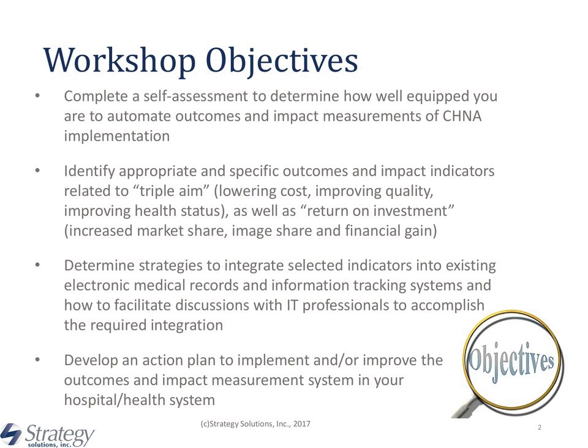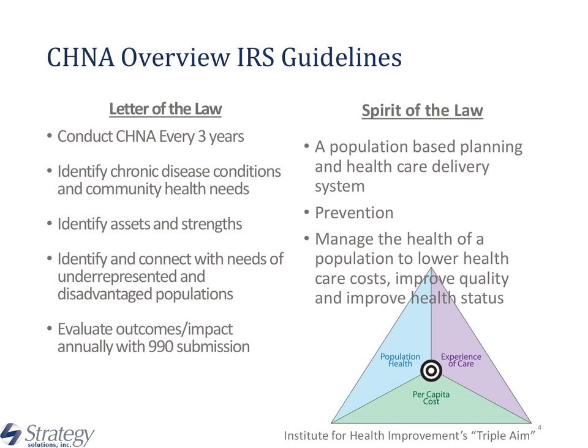And then the last few slides talk about how to develop an action plan to implement or improve the outcomes and impact measurement systems in your organization. This is one of my favorite presentations because it really talks about how we make what we're doing a little bit better.